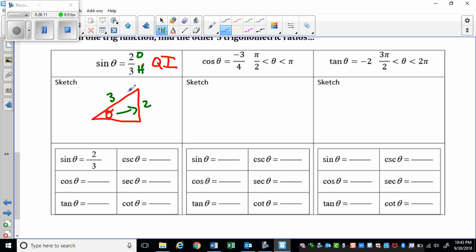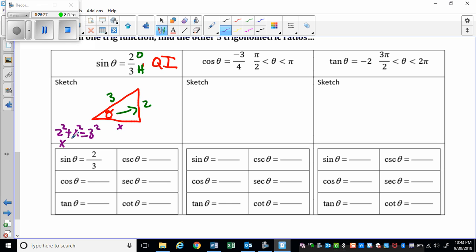So I have to use the Pythagorean theorem. 2 squared plus whatever this side is squared has to be the hypotenuse squared. 3 squared is 9, 2 squared is 4.